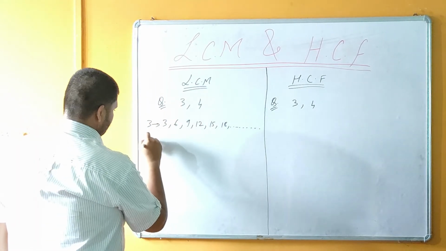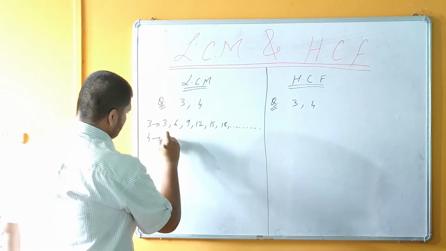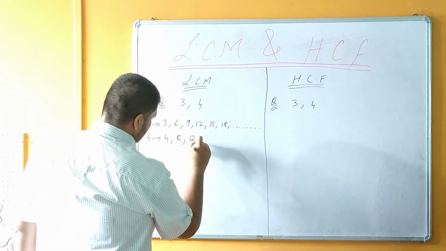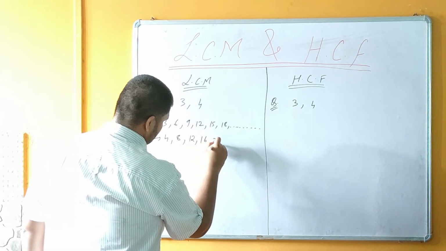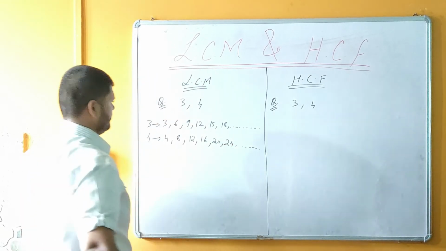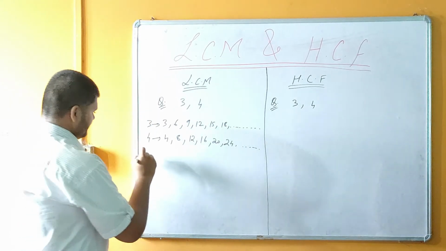Now for 4, we will read the table for 4. 4 1s are 4, 4 2s are 8, 4 3s are 12, 4 4s are 16, 4 5s are 20, 4 6s are 24. In this way it will continue. Okay, here we can take some more, but no need.